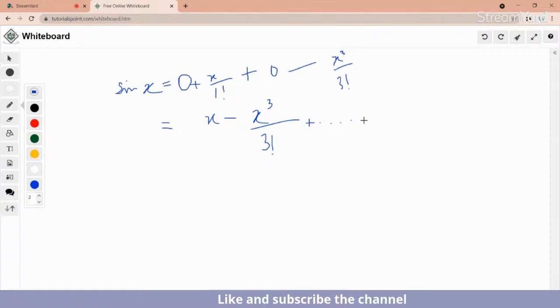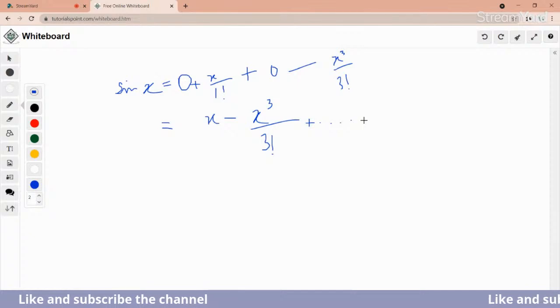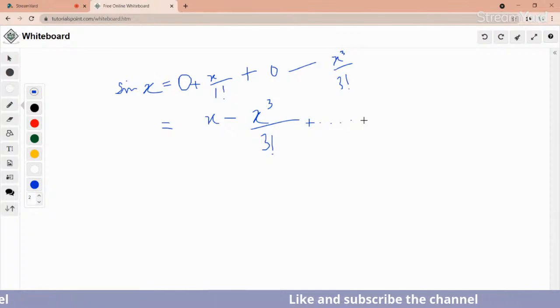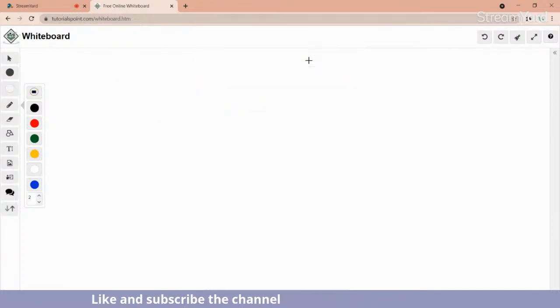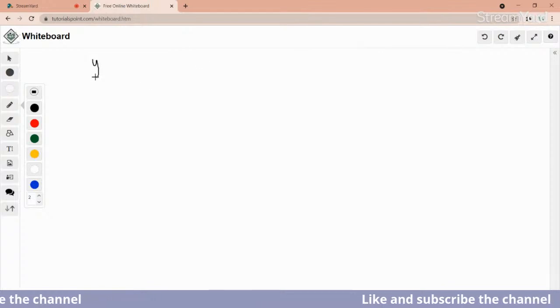Let me see, I can get another. Okay, let's see the example of e to the power x. We also used to memorize another equation of e to the power x, right? Let's see what it comes out to be this time. So let's consider y to be e to the power x.